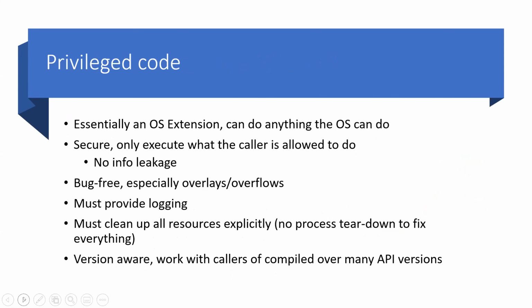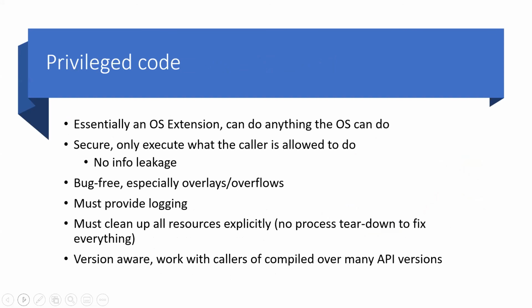So when you're writing privileged code, if you've written a driver or a kernel extension, or even just looked around inside the Linux kernel sources, you know you're really building something that's an OS extension, and it has to be perfect. You just can't leak info, you can't allow privilege escalation, and all these things.